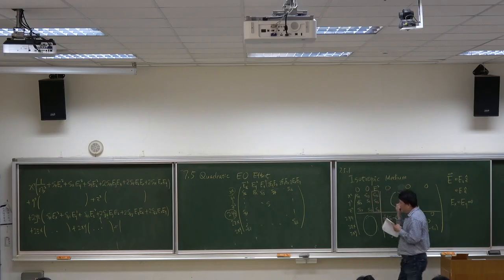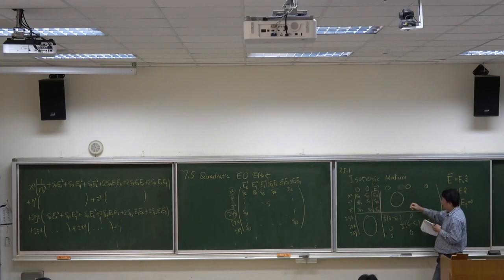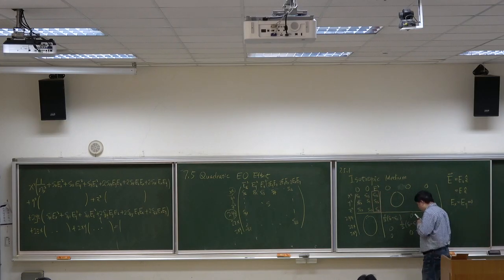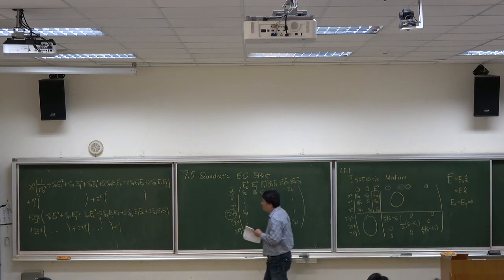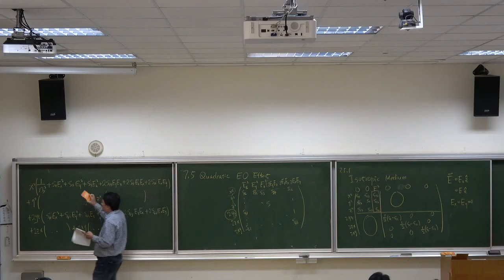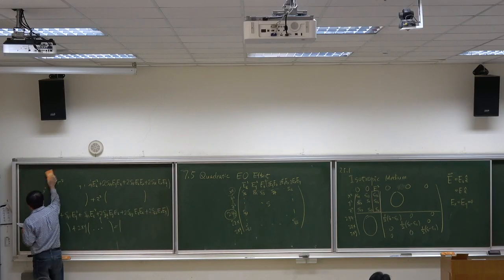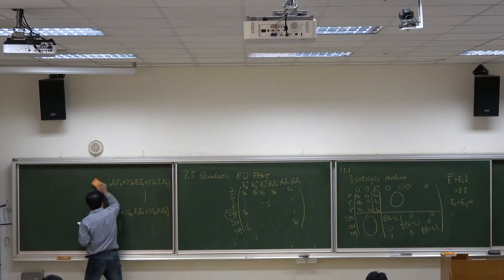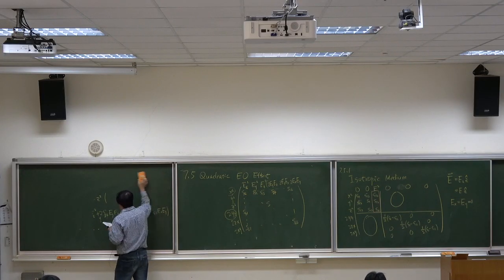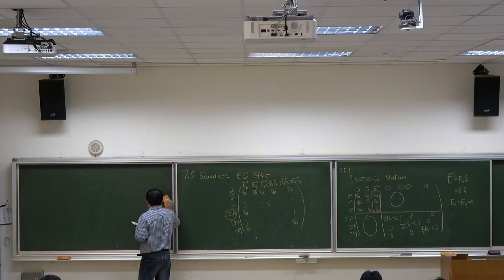The corrections are contributed by distance. For an isotropic medium, we have nx, ny, nz equal to the same n.